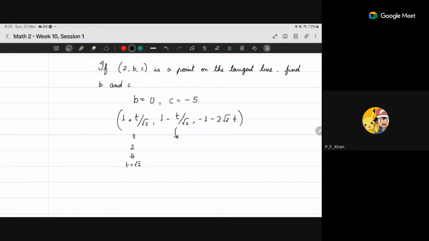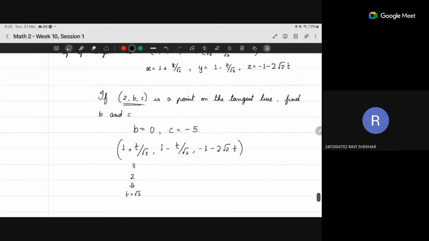Sir, how does that relate to b? That's the point. (2, b, c) is a point on the tangent line, so points on the tangent line are of this form. If the first coordinate is 2, that corresponds to some parameter value t, and corresponding to that parameter value t, what are the y and z coordinates? This is what the question asks.